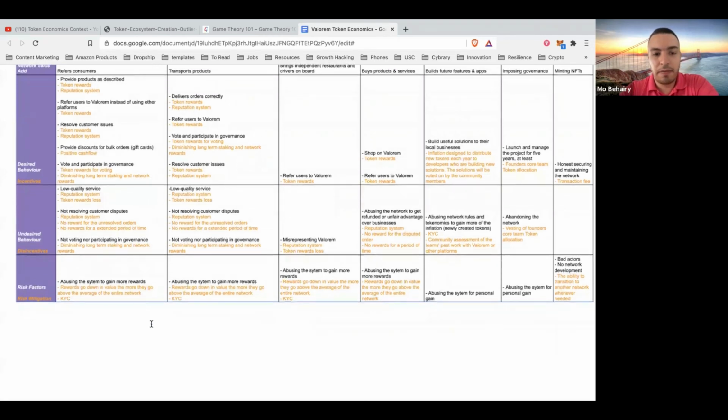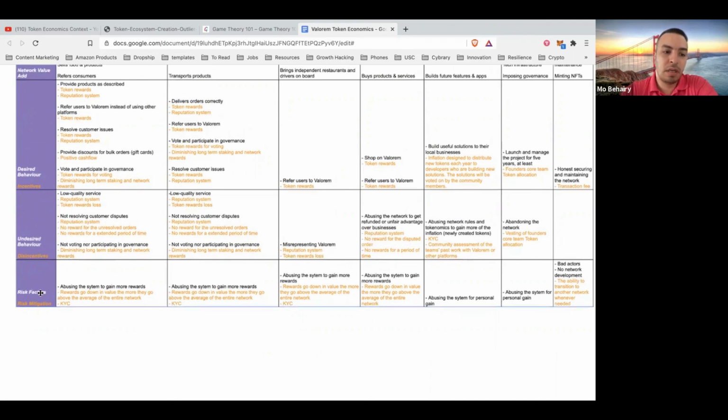And then there are risk factors. The way I see it, the difference between undesired behaviors and risk factors is that with undesired behaviors the network could still function, but there is value leakage in the system. If the restaurants don't resolve customer disputes, the network may still function for a while, but there's leakage in the value: the consumer is not getting the value, the restaurant is getting the value, and so on.